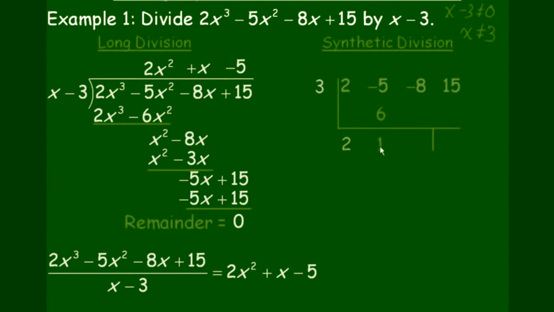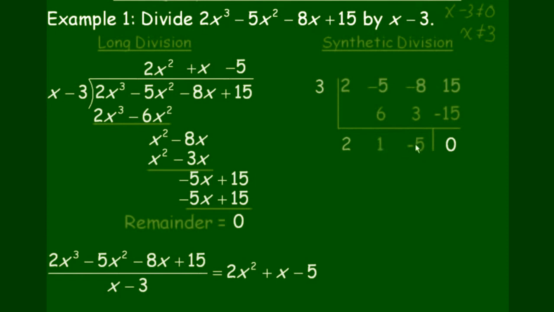So we put 1 here, and then we multiply that 1 by 3, the restriction, which is 3, and add that to negative 8 and get negative 5, and negative 5 times 3 is negative 15, and we add that to the 15 above to get 0. That is the remainder.